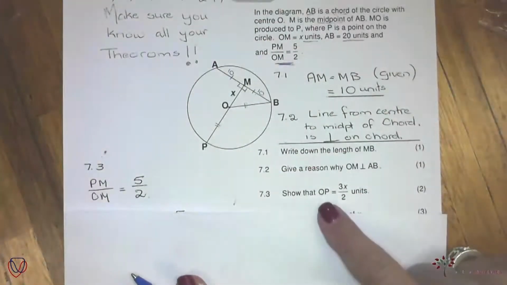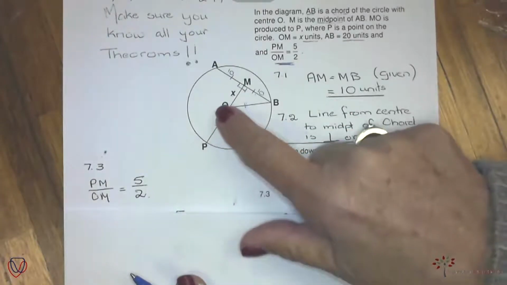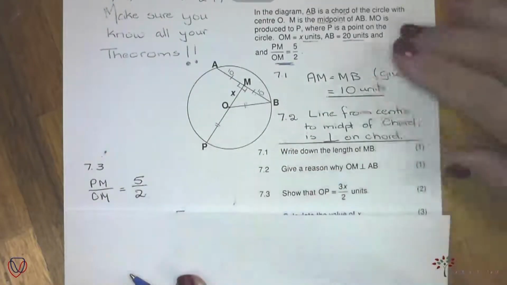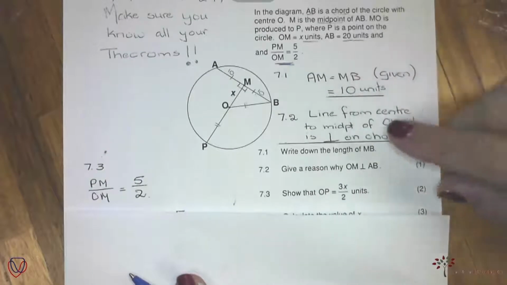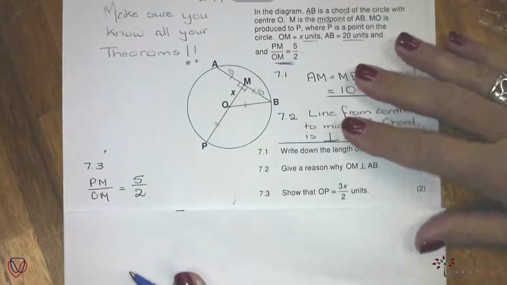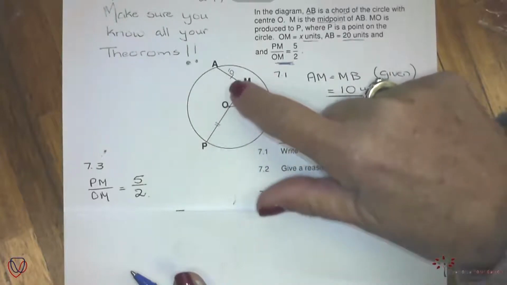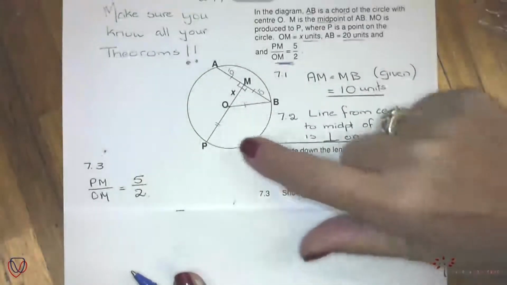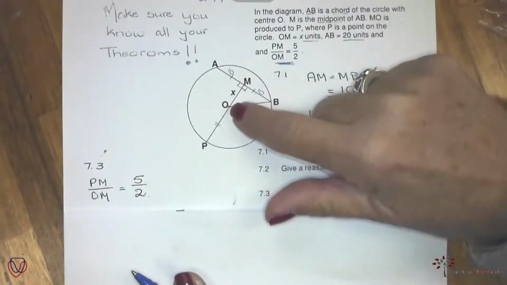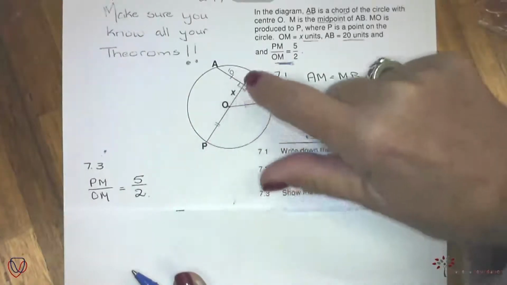They gave us that. Now we go on. We need to get to OP. Now OP is a radius and OB is a radius. Let's see whether we can get, by using that, something that we can use to find that answer, which is not going to be so easy. We know now that PM over OM is 5 over 2. But we can also say PM over OM is OP plus x over x.